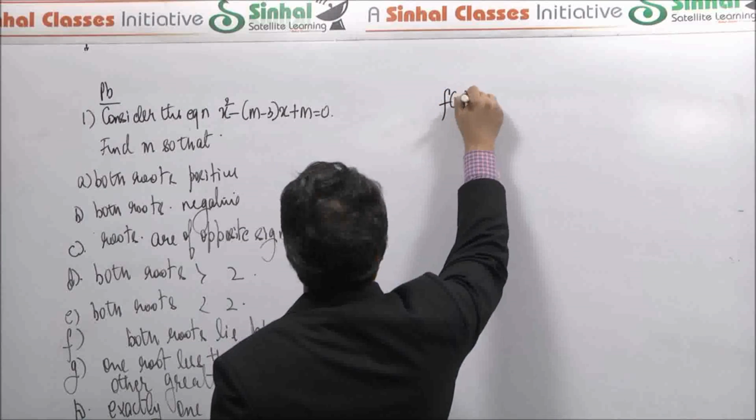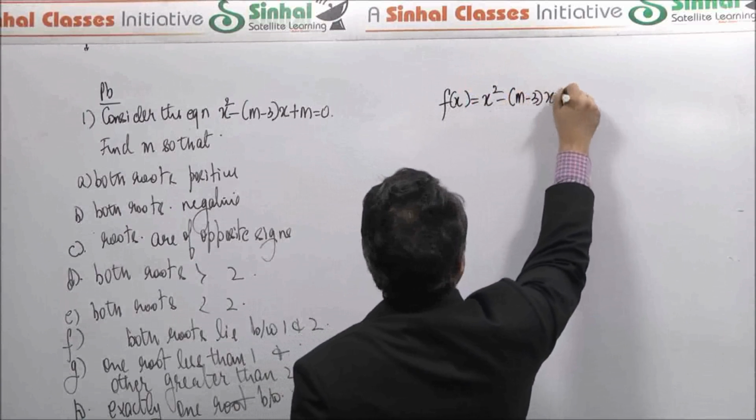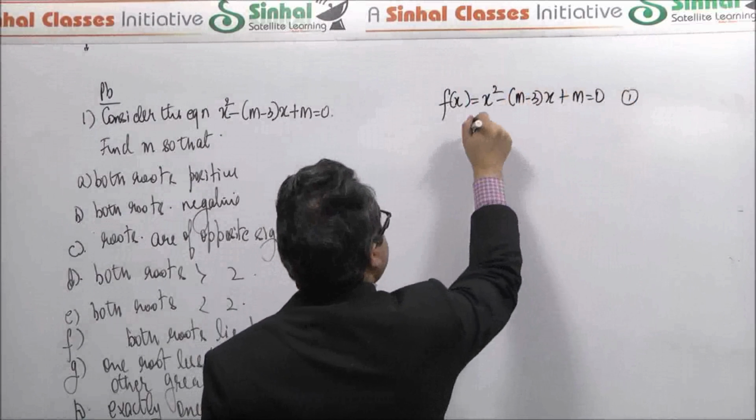It's f of x equal to x square minus (m minus 3)x plus m equals 0. And since the discriminant will keep coming into the picture, let's simplify it.